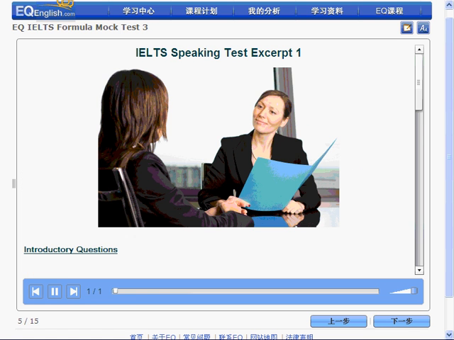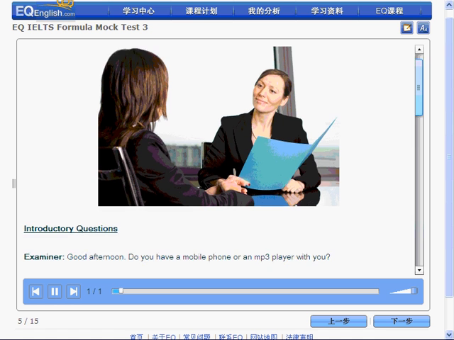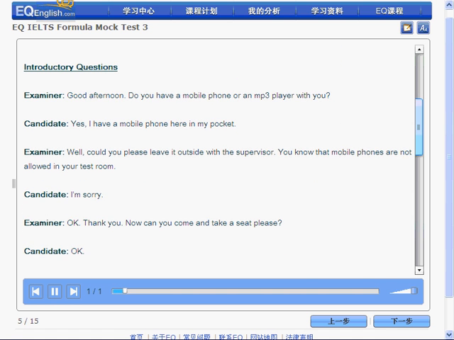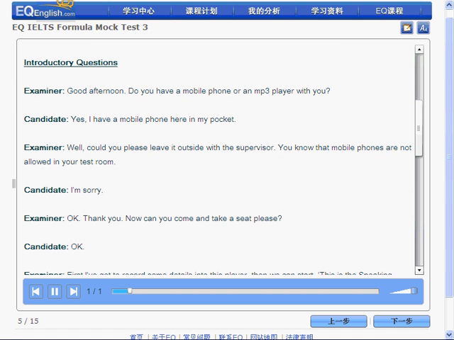Good afternoon. Do you have a mobile phone or an MP3 player with you? Yes, I have a mobile phone here in my pocket. Right. Well, could you please leave it outside with the supervisor? You know that mobile phones are not allowed in the test room. Okay, I'm sorry. Okay, thank you.